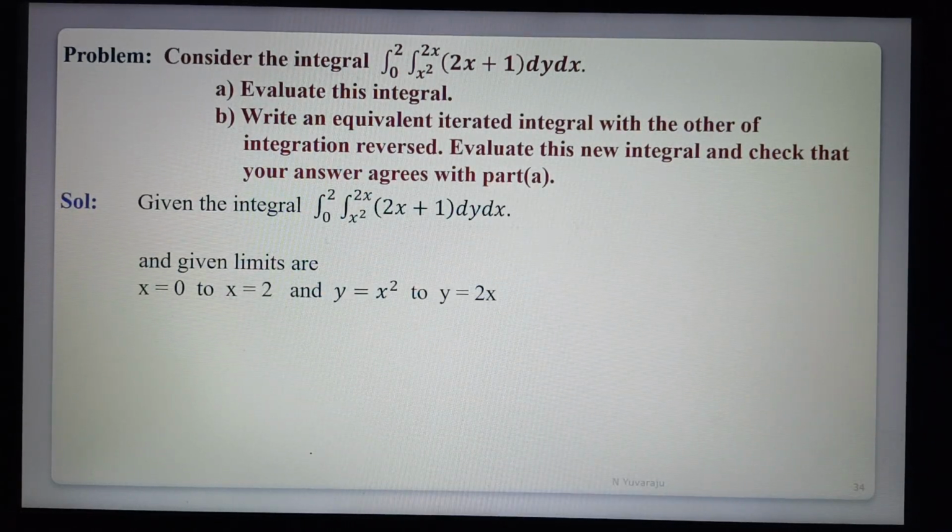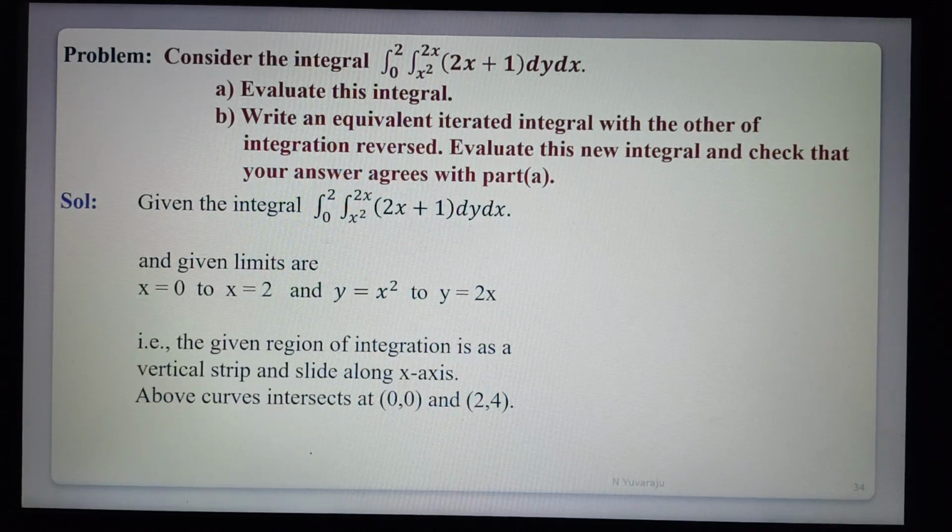So this is the given integral, integration 0 to 2, integration x squared to 2x, of 1 into dy dx. The given limits are x is equal to 0 to x is equal to 2 and y is equal to x squared to y is equal to 2x. So the given region of integration is a vertical strip sliding along the x-axis. The above curves intersect at 0, 0 and 2, 4.